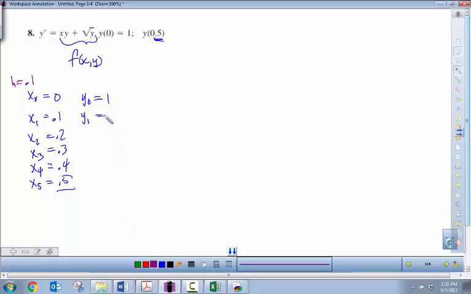Well, I want the previous y value, which is 1, plus our step size times our function. So this function now has an x and a y. So I want to put the x value that I had and then the y value plus the square root of the y value, and then that's my function.